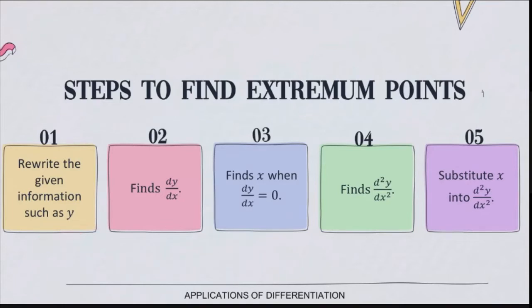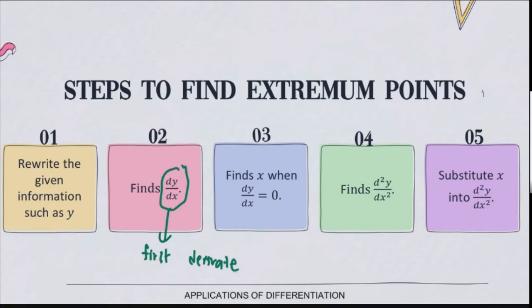Number 2, find dy/dx. Number 3, find x when dy/dx equals 0. Number 4, find the derivative d²y/dx². Number 5, substitute x into d²y/dx². Okay, good job. dy/dx can also be called the first derivative.